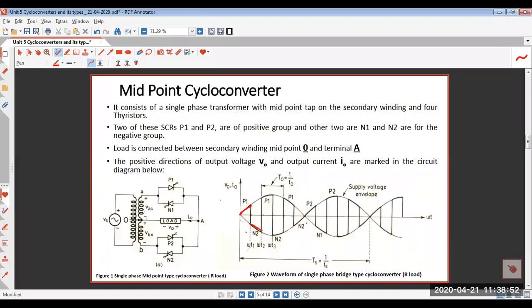The positive direction of output current and output voltage is shown here. Until it is specified otherwise, we will assume these directions of output current and output voltage as positive. Okay.